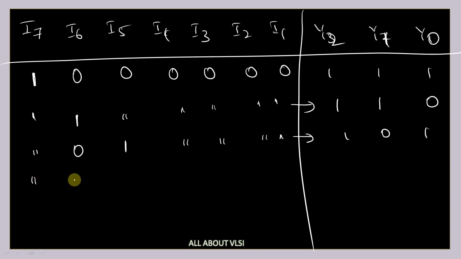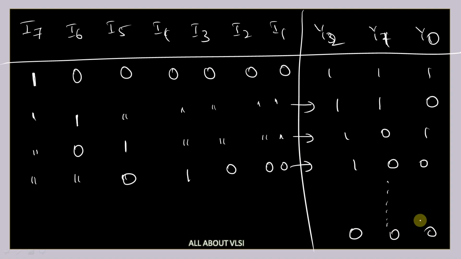And if I4 is high and remaining all are zeros, then you are going to get the respective output as 100. So like that, depending upon the input which you have applied, you are going to get that particular corresponding output.